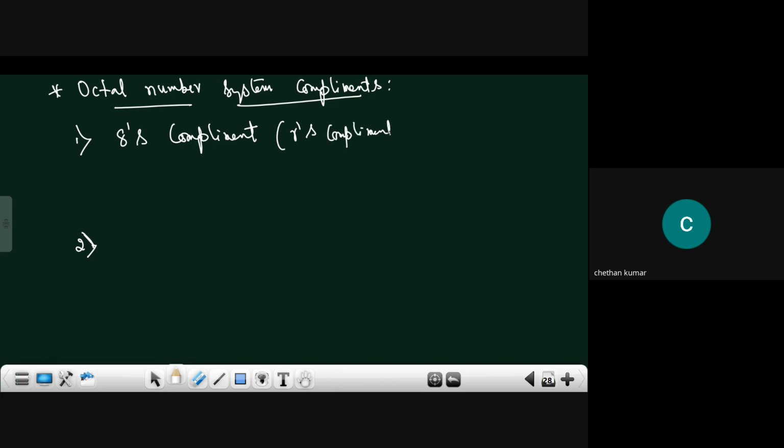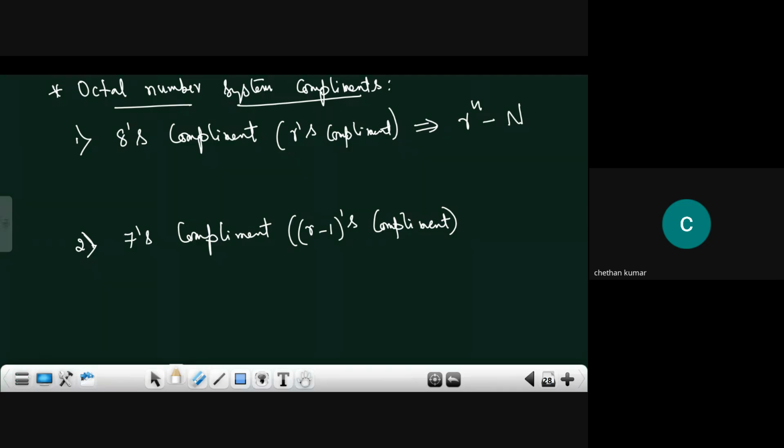And 7's complement, which is the R minus 1's complement. So 8's complement is R to the power n minus capital N, and 7's complement is R to the power n minus 1 minus capital N. Here R is 8.